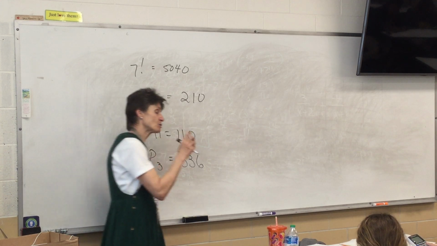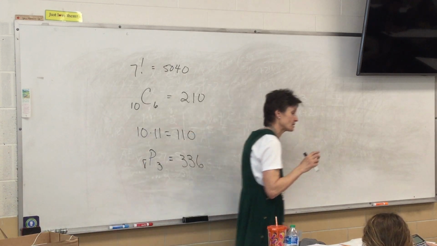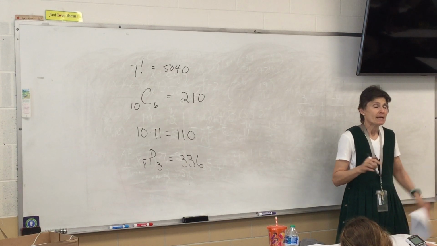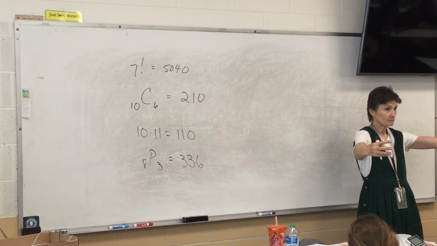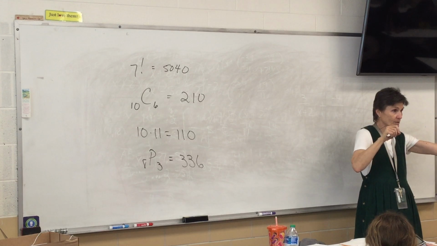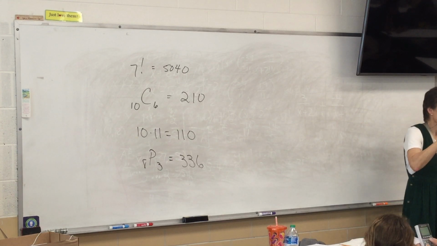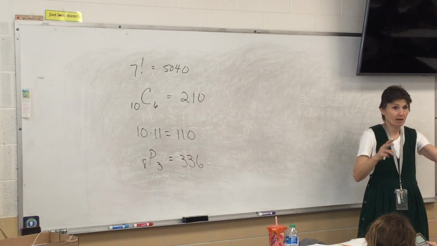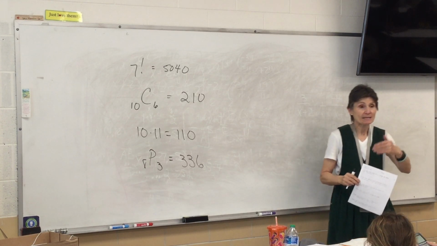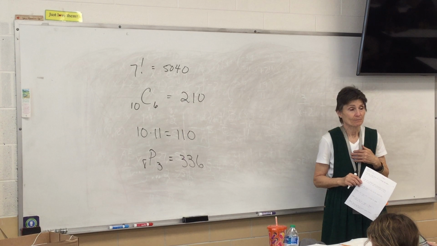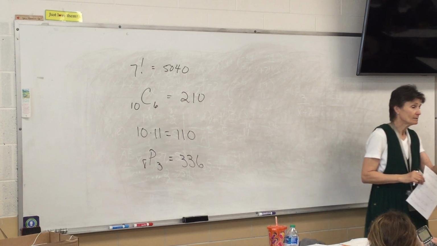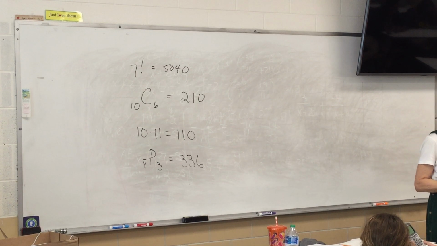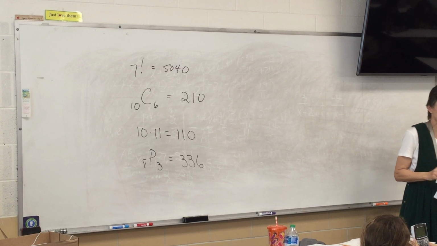The hardest part of these problems is often deciding if it's a P or a C. Anytime you have a group and you are picking a few out, it's going to be a P or a C. Always ask yourself, do I care if I get picked first or last? If it matters, then it's a P. If you don't care, you just want to get picked, then it's a C.